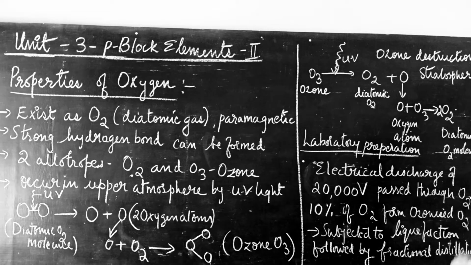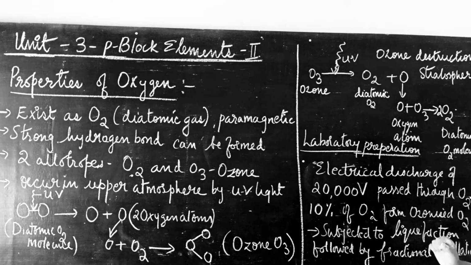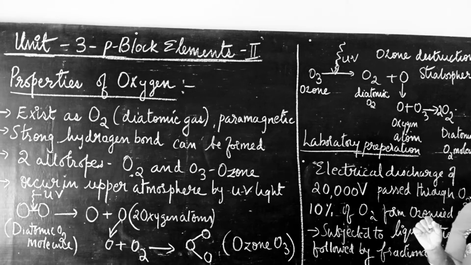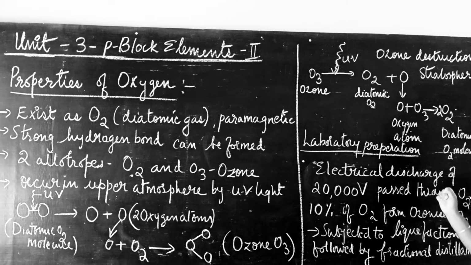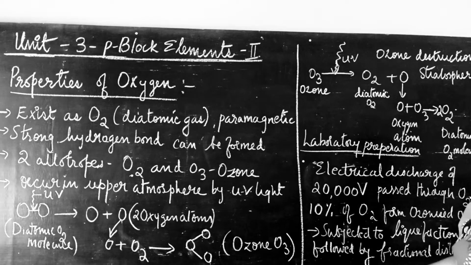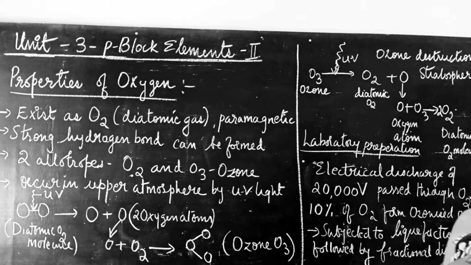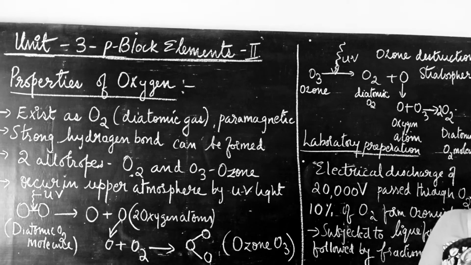In this, only 10% of the oxygen gets ozonized, the remaining 90% does not. This ozonized gas is further subjected to liquefaction and then fractional distillation, and likewise we obtain pure ozone. So this is the laboratory preparation of ozone.